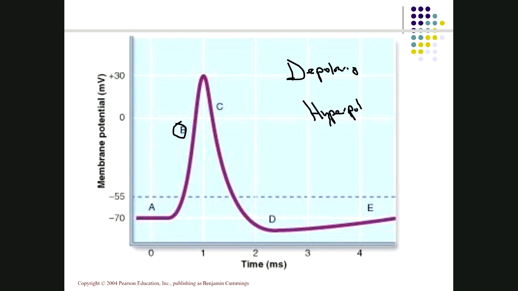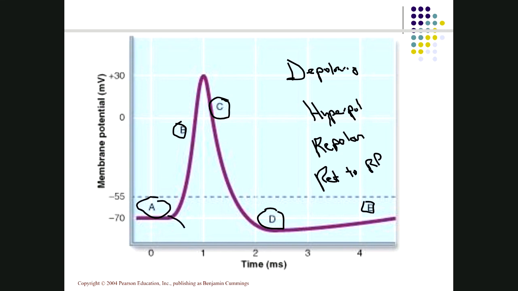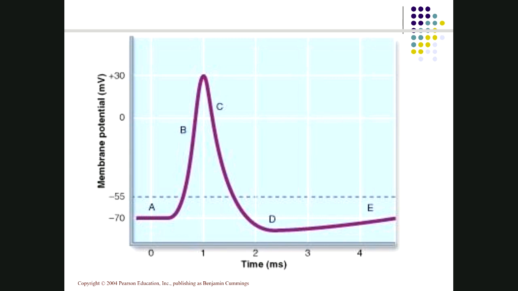It's D. Which one of these is repolarization? That's C. Which one of these is a return to resting potential? That's E. And then A is just resting potential. And that's what an action potential looks like. It's divided up into these different phases.